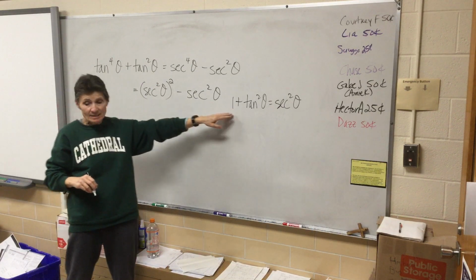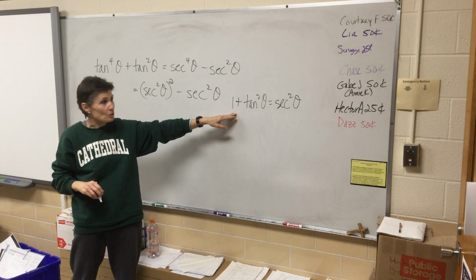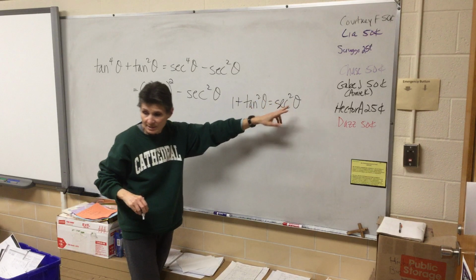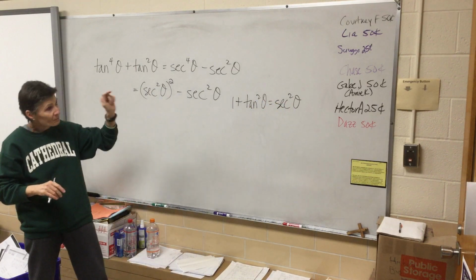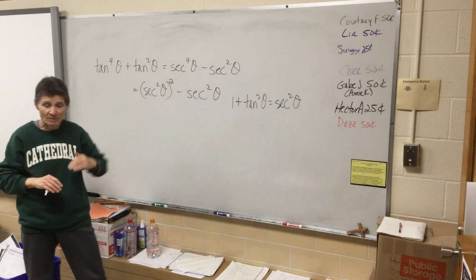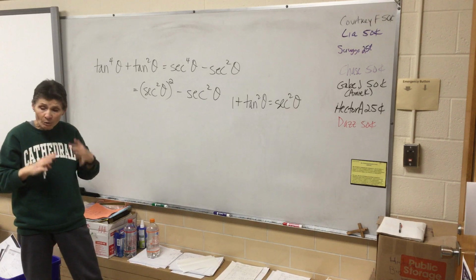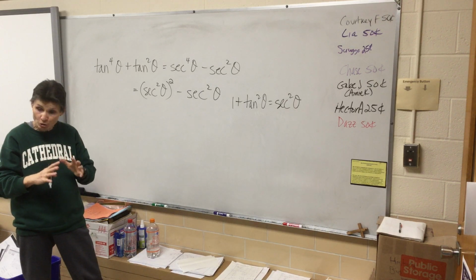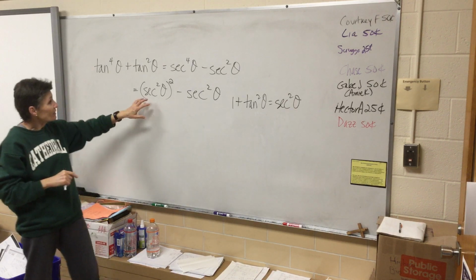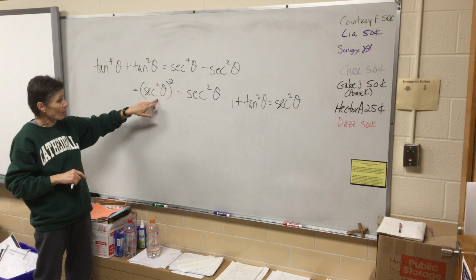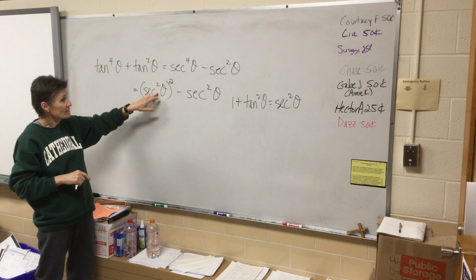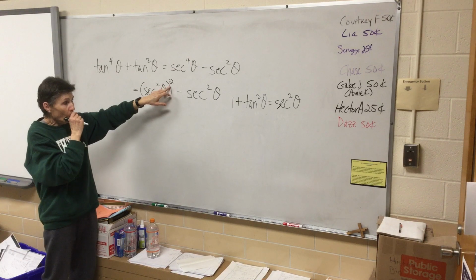This identity does not apply to 4th degree. You can't just make those fourths. That's not how it works. That identity and the other Pythagorean identities only work when the functions are squared. So I'm going to think of this secant to the 4th as secant squared squared.